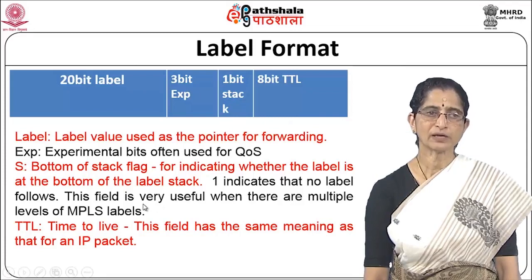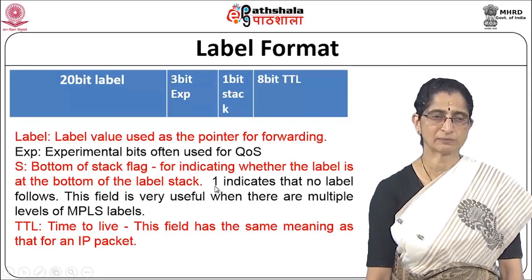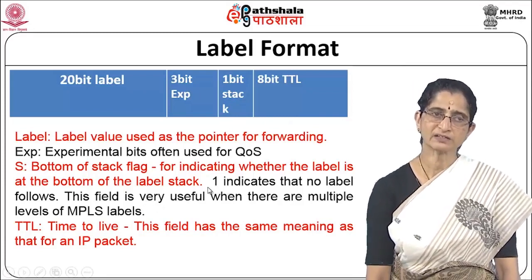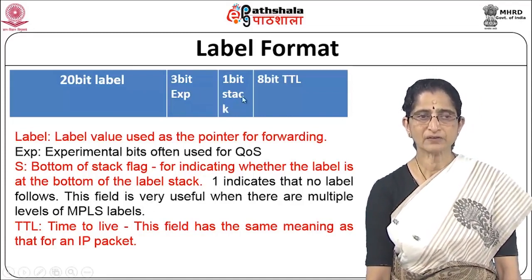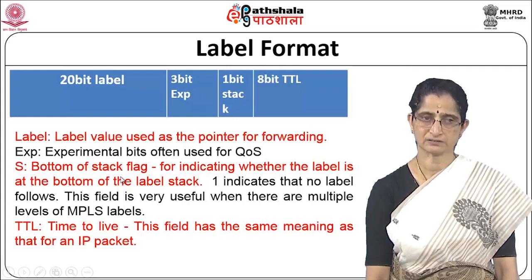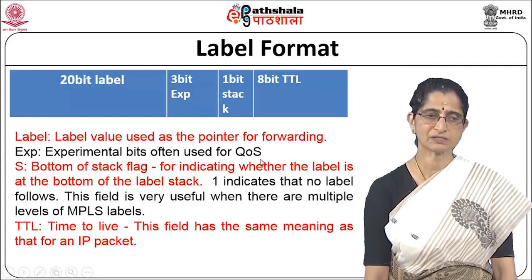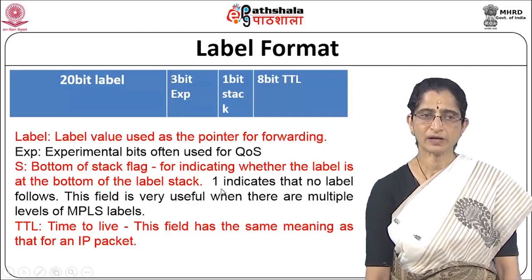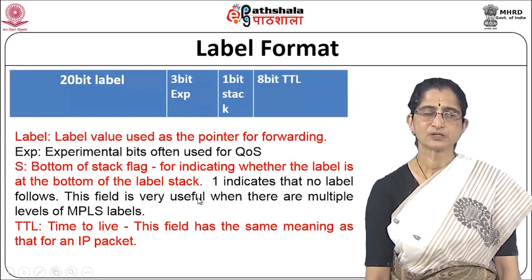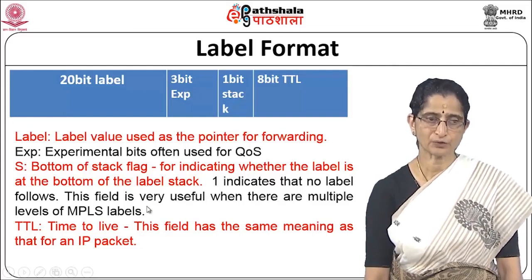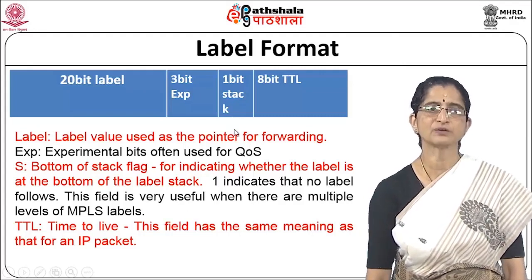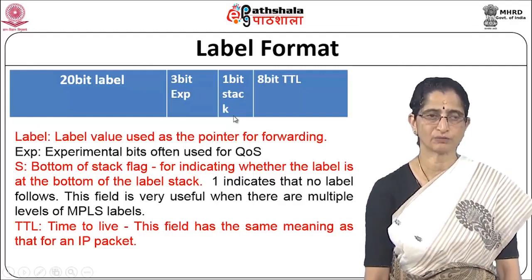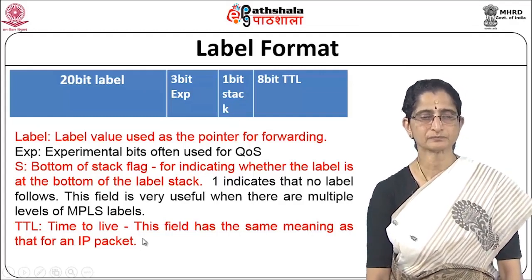But you would normally be looking at only one of those labels. So you need to know whether there is a stack of labels or whether there is only one label. This bit will tell you whether you are at the bottom of the stack or there are other labels sitting on top of it. One indicates that no label follows. So this field is useful for you to process these labels. You know whether you need to process it further, or whether you need to remove the label, or whatever you need to do with the particular label.